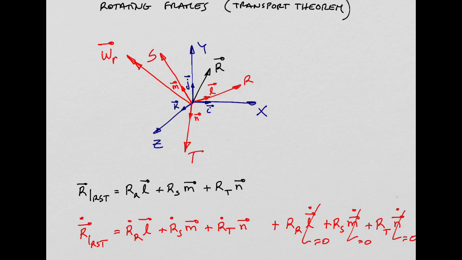Because this represents the change in the L direction that is perceived by the observer in the red coordinate system. And for that observer, that L is always in front of him. Doesn't change. Yeah? Same thing for M dot, same thing for N dot. Make sense? This is a bit difficult to get in, but once it gets in, everything is so easy then.